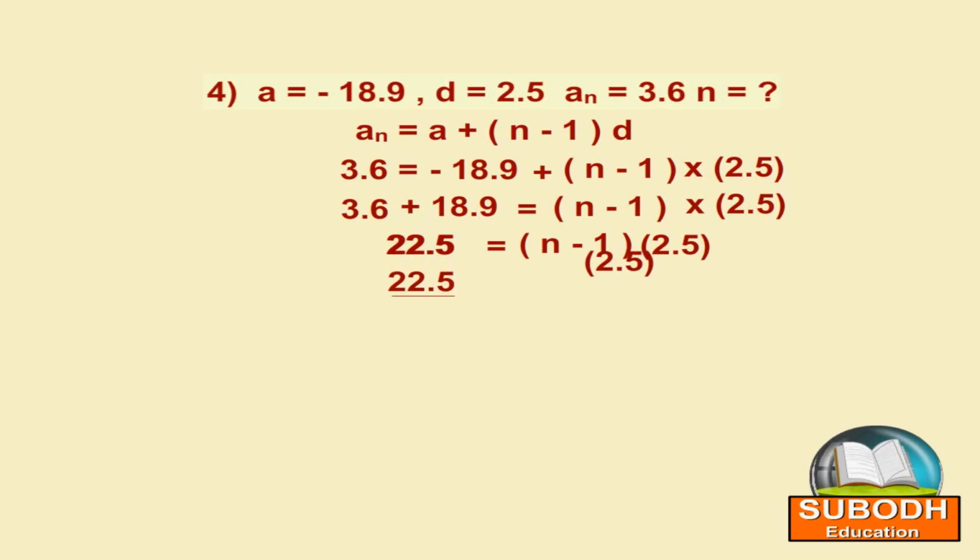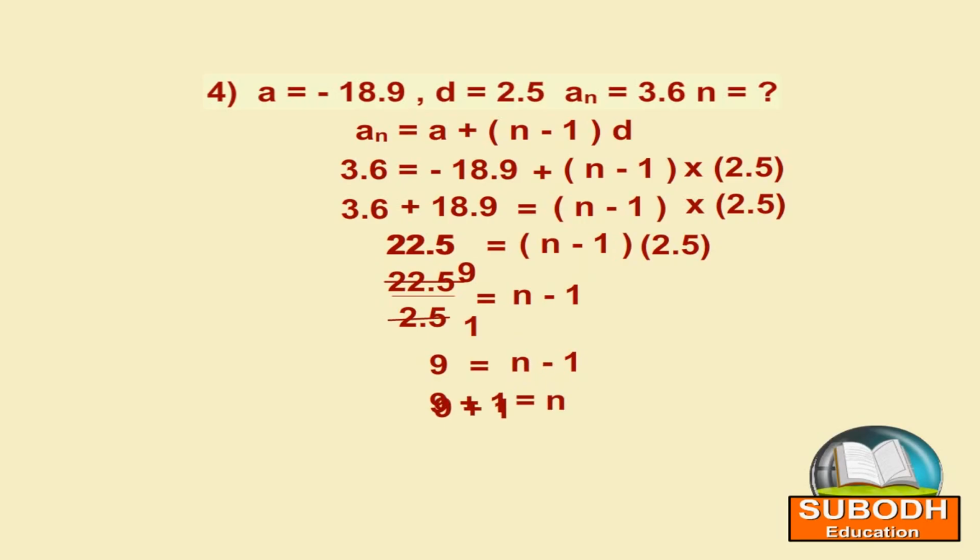Transferring 2.5, we get 22.5 divided by 2.5 is equal to n minus 1. 2.5 ones are 2.5, 2.5 nines are 22.5. 9 is equal to n minus 1. Transferring minus 1, we get plus 1. 9 plus 1, 10 is equal to n.